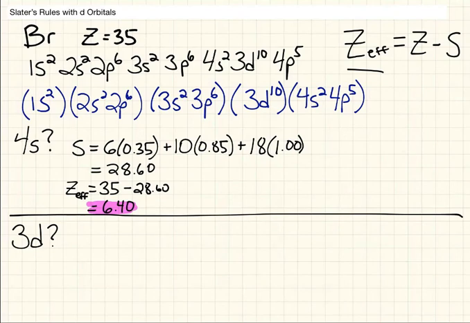And so the way we handle this is we do the same sort of things, but we skip the 0.85. We say that orbitals that are closer than a d, like these s's and p's, don't have those same kinds of restrictions as a d set of orbitals do, and so they are much more effective at blocking out those d orbitals. And so we go straight to the value of 1 in this case.